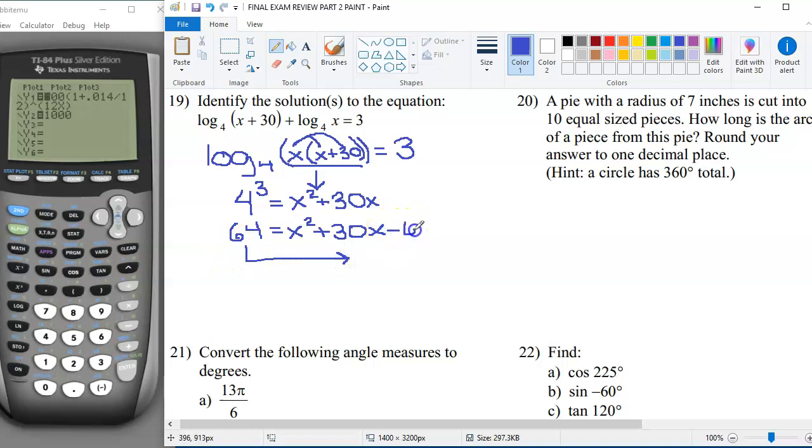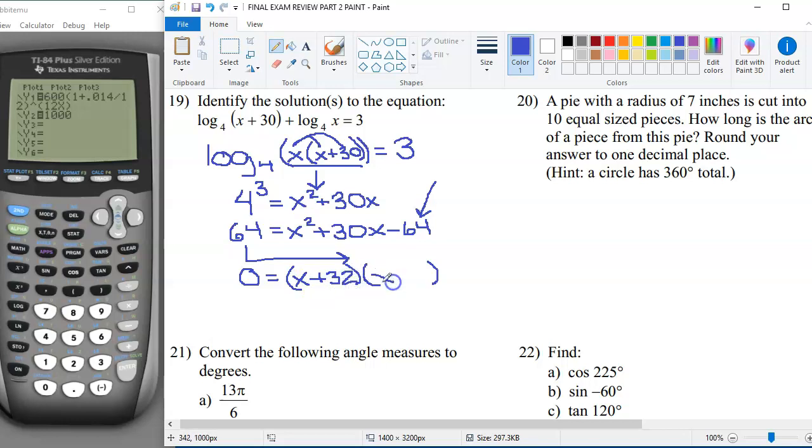I'm going to subtract 64 from both sides. So that's going to leave me with a 0 over here, and it's actually going to leave me with something that factors over here. Because if I'm looking for 2 numbers that multiply to give me negative 64 and add to give me 30, I can actually find them pretty easily.